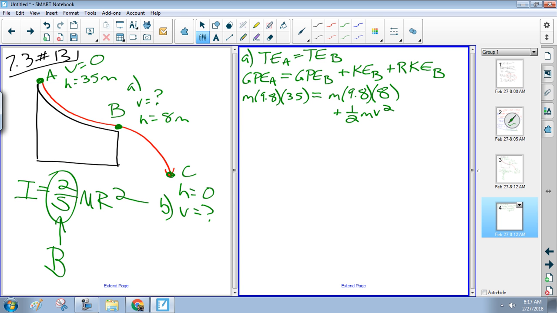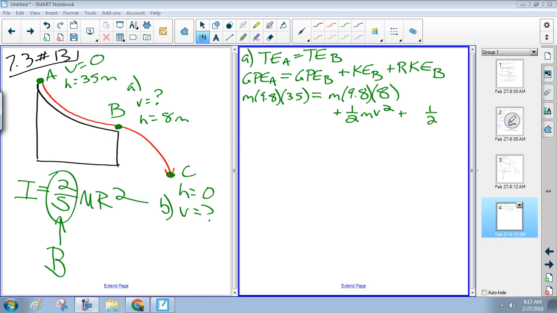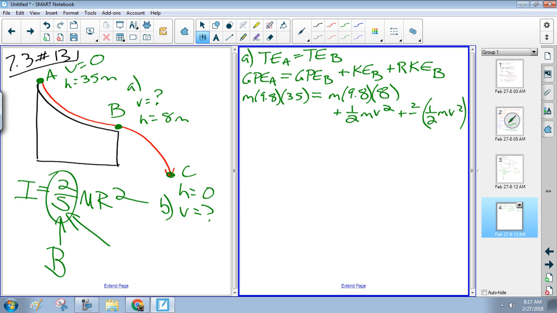All right? So that's the KE plus RKE. So remember, you guys, the RKE is the same as the KE, but times 2/5, because that's what our b is. Is everybody good up to there?